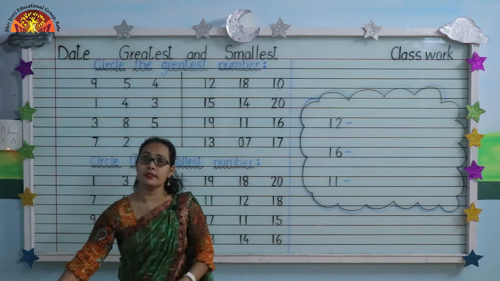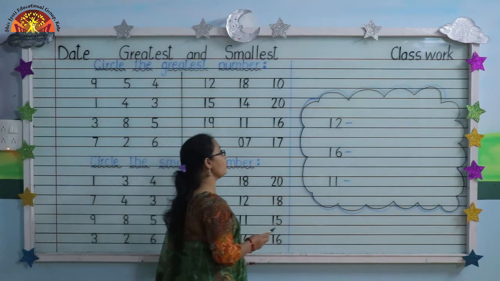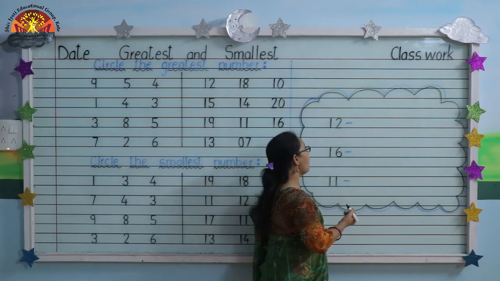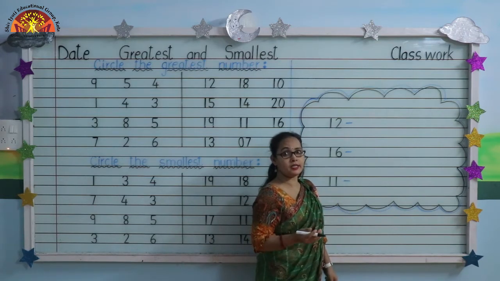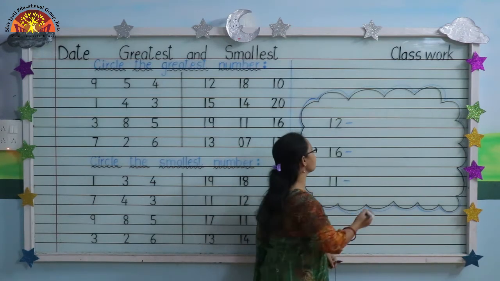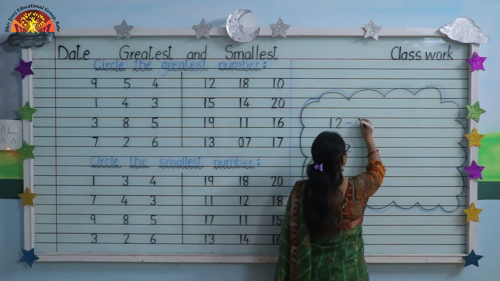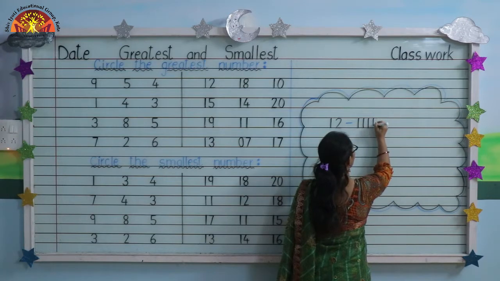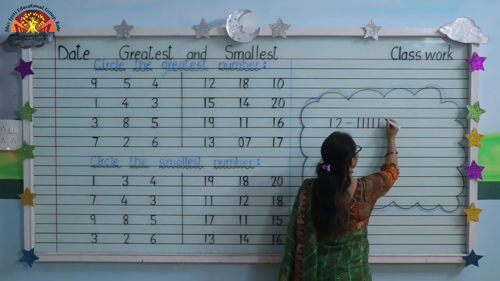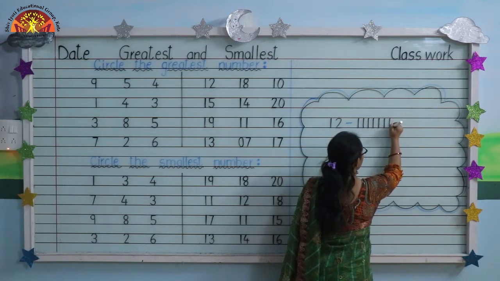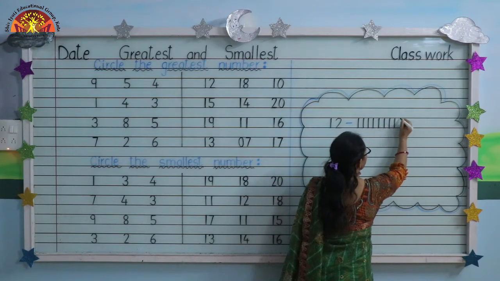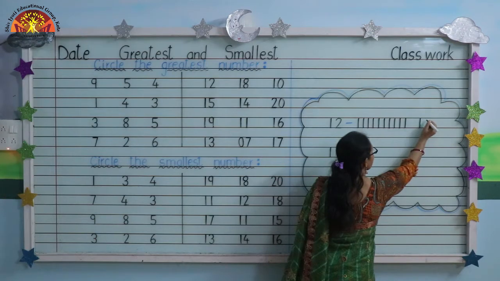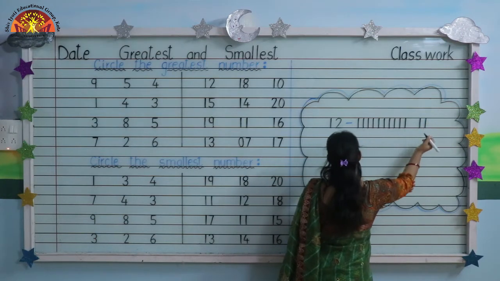Kids, now I will draw 12 lines of the given numbers to find the highest place of the number. Like this: 1, 2, 3, 4, 5, 6, 7, 8, 9, 10, 11, 12.